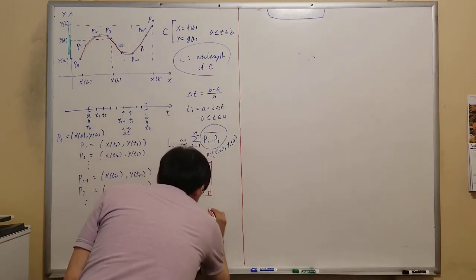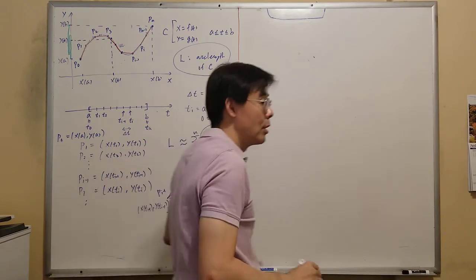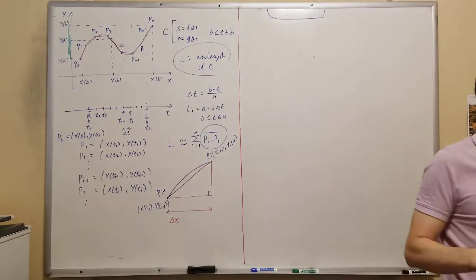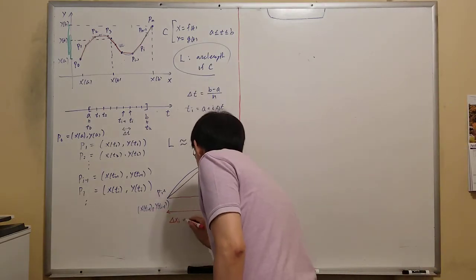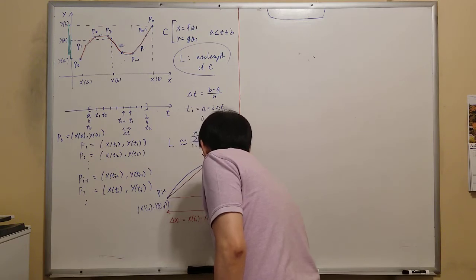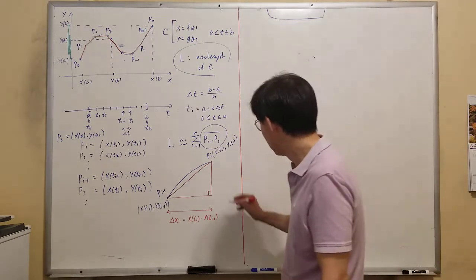This length we call delta x_i. Delta means change, so this is the change in x coordinate, specifically x of t_i minus x of t_{i-1}.